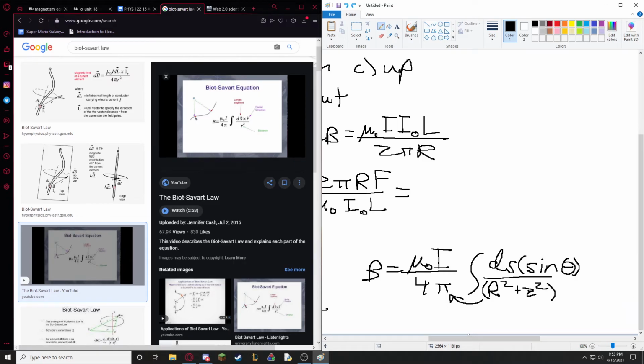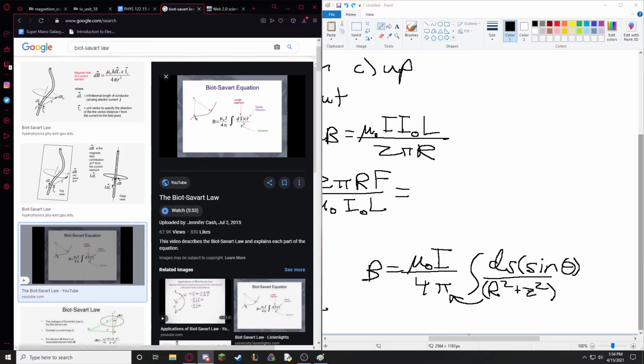One second. When does ds become a sine? Oh no, you already did that. Never mind. I'm trying to think. Wouldn't ds be like z hat or something? Or no?